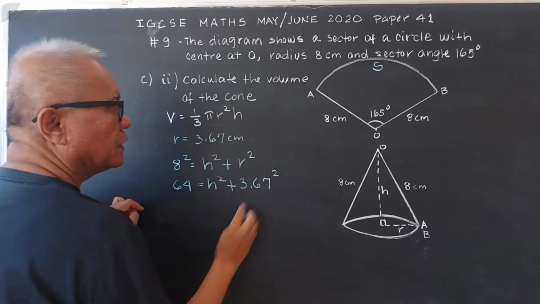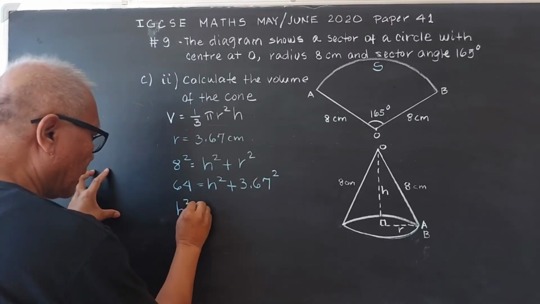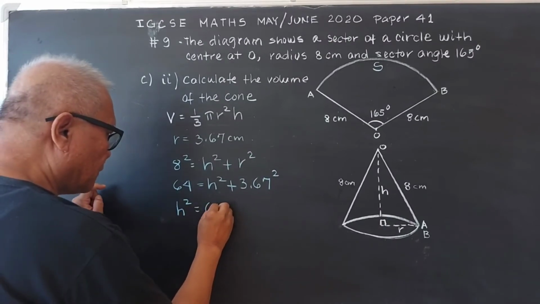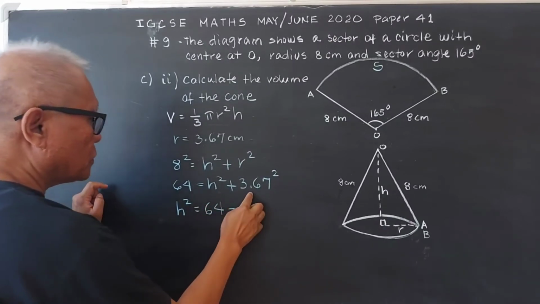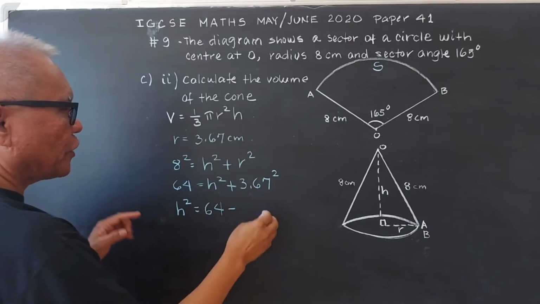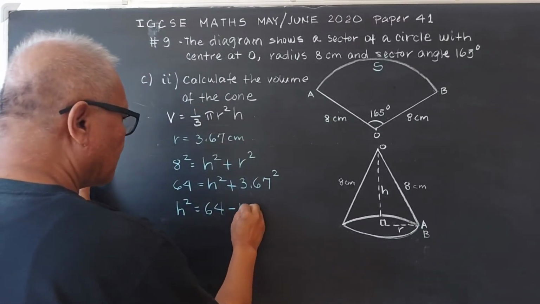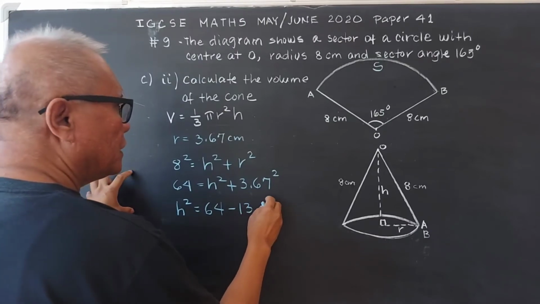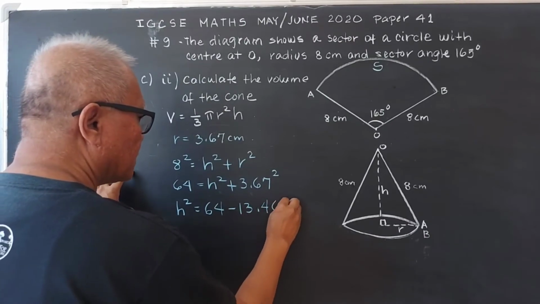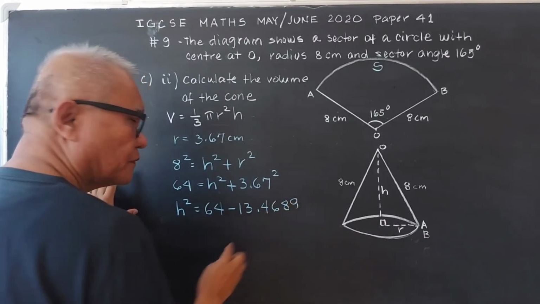We have h squared, so we have 64 minus 3.67 squared. That one, 3.67 times 3.67, will give us 13.4689.